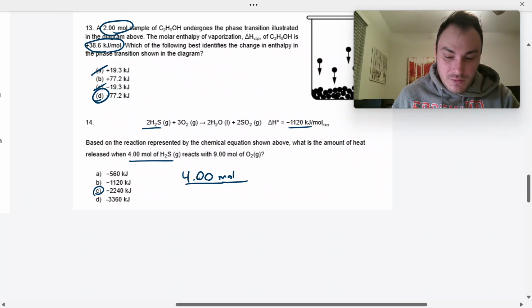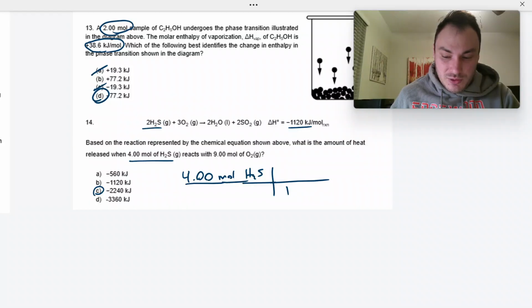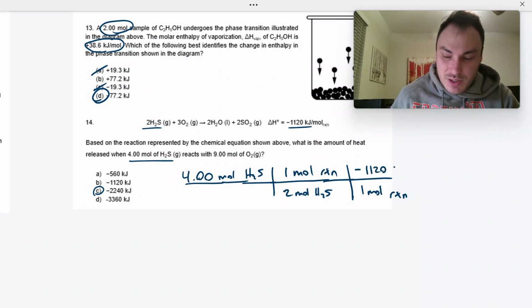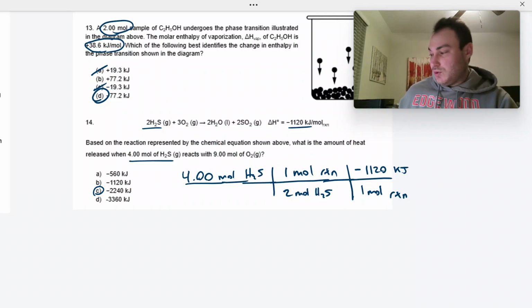We have 4.0 moles of H2S. For every 2 moles of H2S, we get 1 mole of reaction. And for every 1 mole of reaction, we get negative 1120 kilojoules. So it's going to be 4 times this number divided by 2, which is negative 2240.